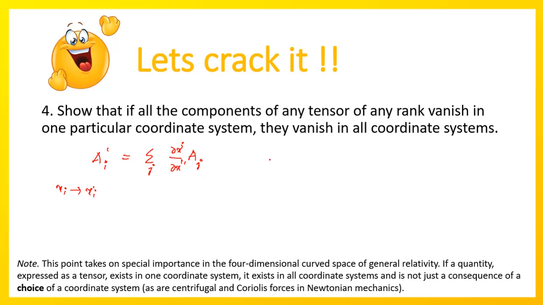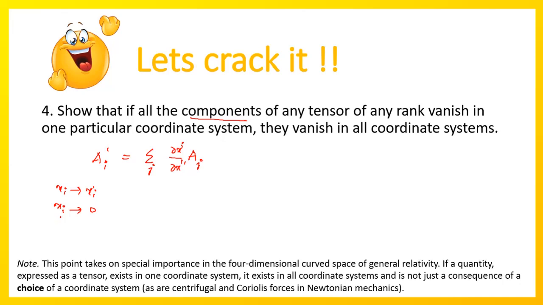Now the equation says that every component vanishes in a particular system. That is, say all my a_j's turn out to be 0. Then it vanishes in every coordinate system.